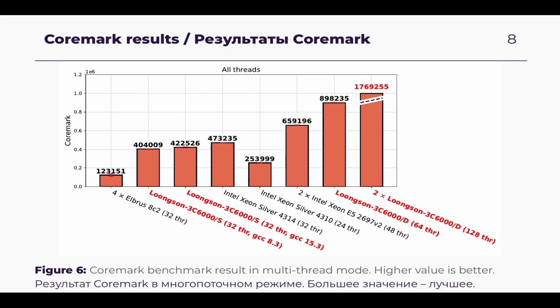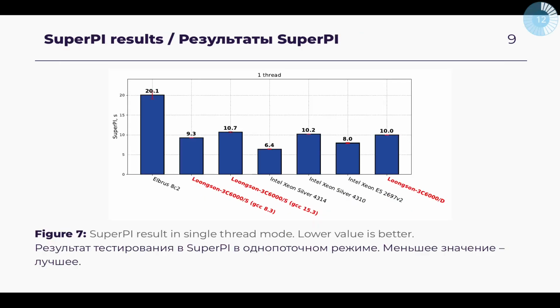And there you see that Loongsons in multi-thread are significantly better than Intel Xeon Silver 4310, and almost as good as 4314. Next slide.